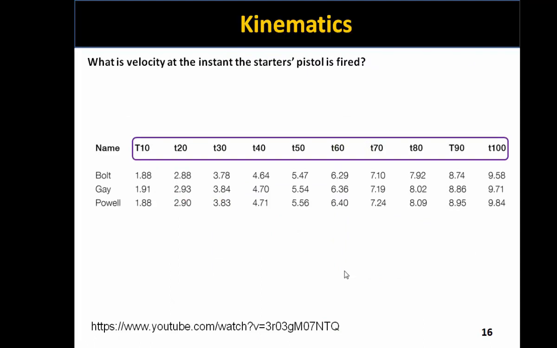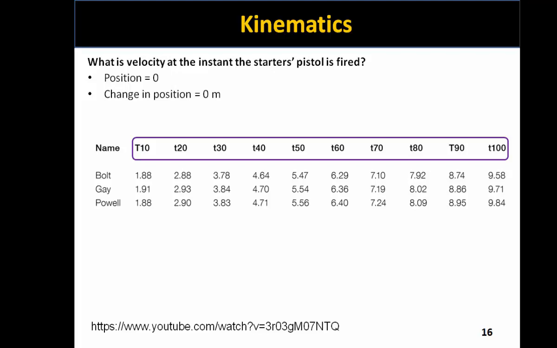So when we talk about describing the entire kinematic pattern of the 100-meter dash, we begin by asking the question, what is the velocity at the instant the starter's pistol is fired? Well, we set that starting position at the start line as our 0 position.